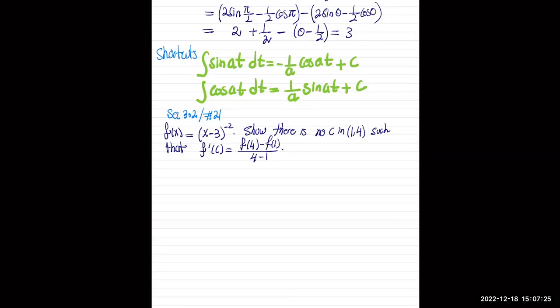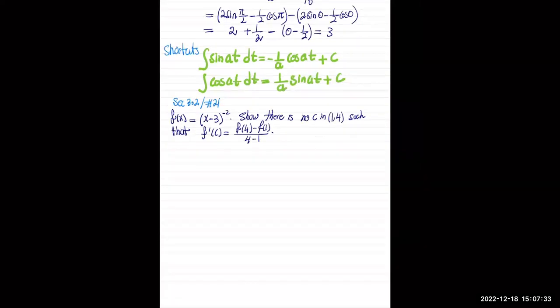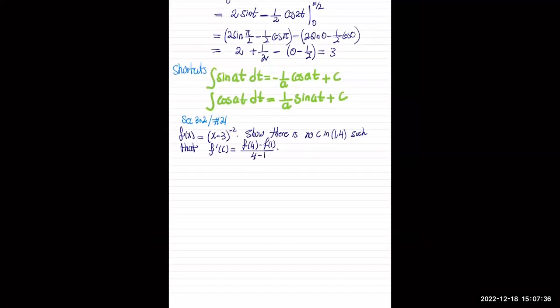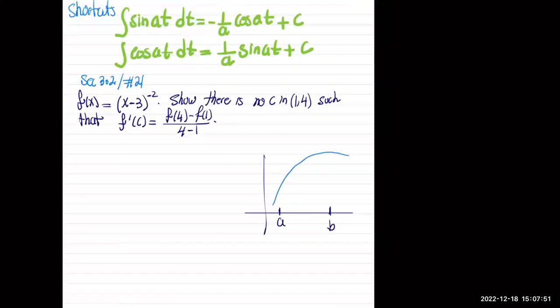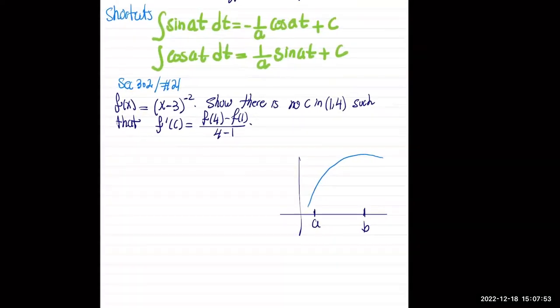But you're like, wait a minute, didn't the mean value theorem say there is guaranteed to be a c in the interval? So again, let's say we have some function from, say, A to B, where we find the slope of the line through the endpoints.